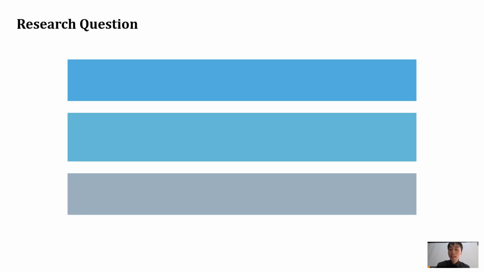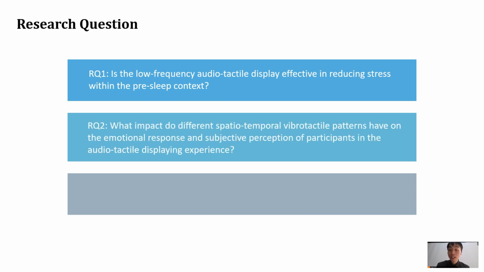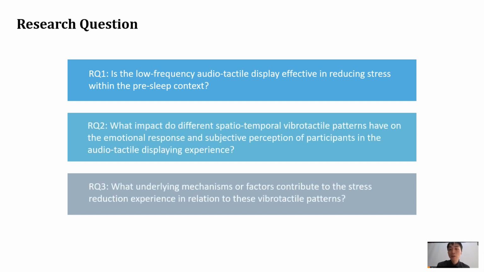Based on these research backgrounds, we propose three research questions on the stress reduction effects of the spatial temporal tactile displaying of music and the underlying mechanism or human factors contributing to these effects.